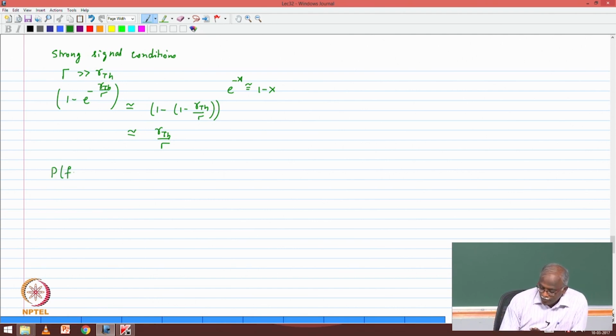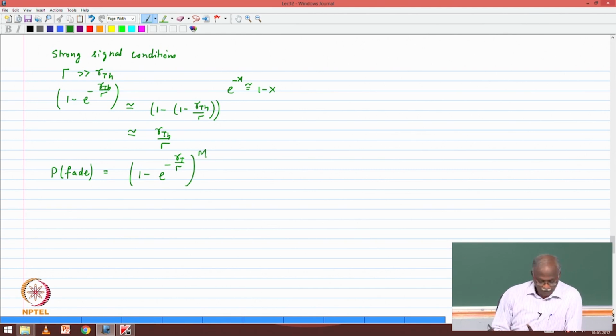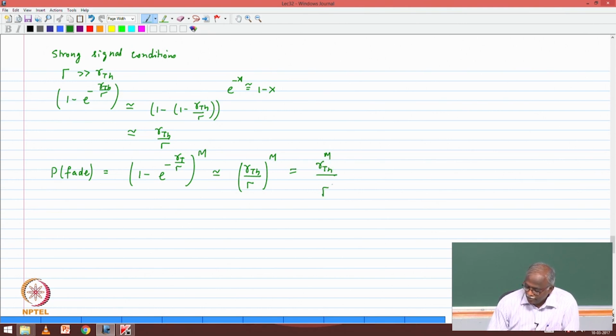And the probability of a fade, or probability of outage, when there are m antennas, we said was (1 minus e power minus gamma t by gamma) raised to the power m. You can see the direct exponent form. This can be approximated by (gamma threshold by gamma) raised to the power m, or in other words, gamma threshold raised to the power m by gamma raised to the power m.